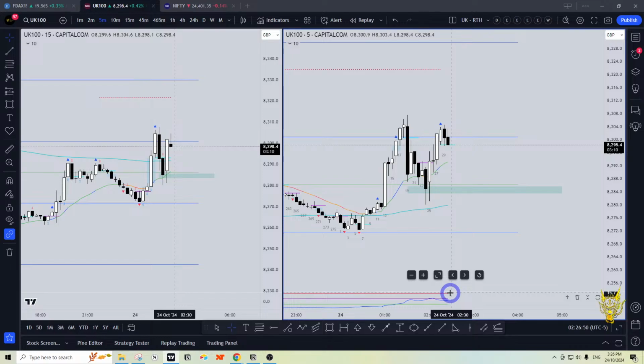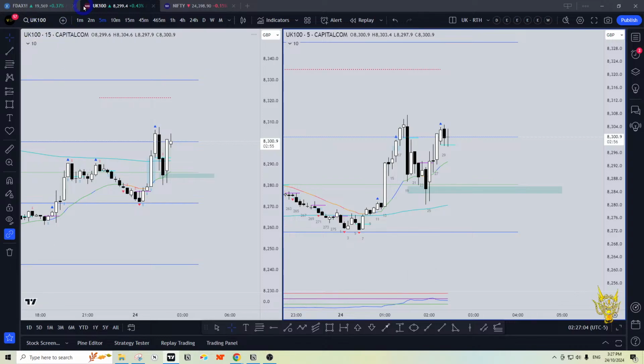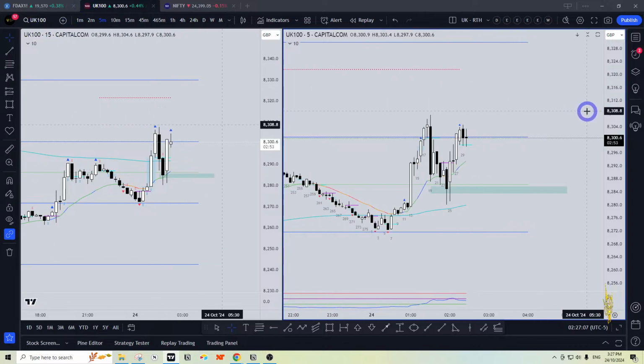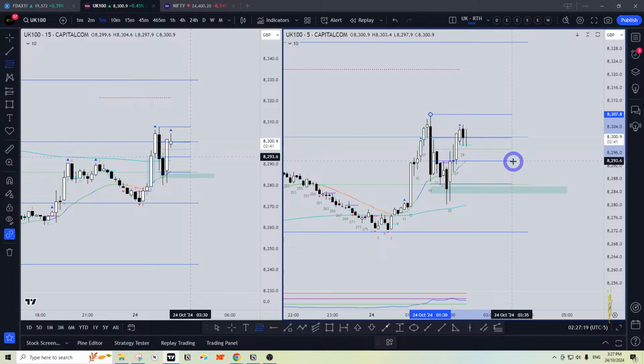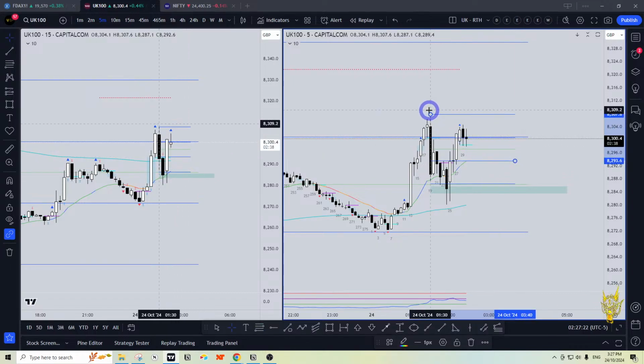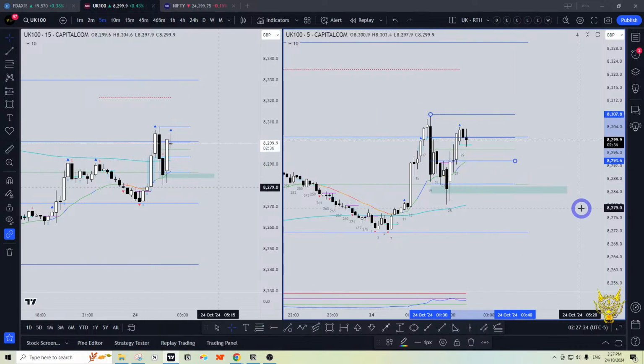You just sell a small size and then see what happens. So the trade kind of looks like that, a sell there with a stop there, and you want it to go down there.